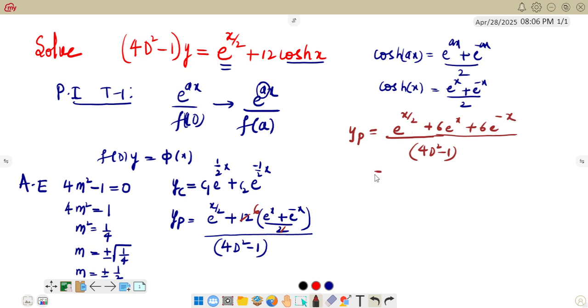So I am going to take these separately. That is e raised to x by 2 divided by 4d square minus 1, plus 6 times e raised to x divided by 4d square minus 1, plus 6 times e raised to minus x divided by 4d square minus 1.